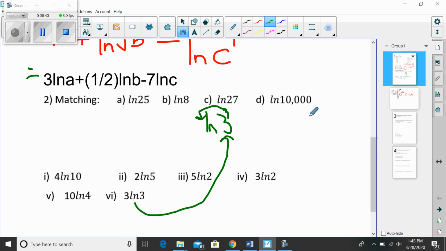So powers of 10, I hope you know you just count the zeros on powers of 10, and that's the power that I've raised 10 to. So please pause the video and try matching the rest of these.